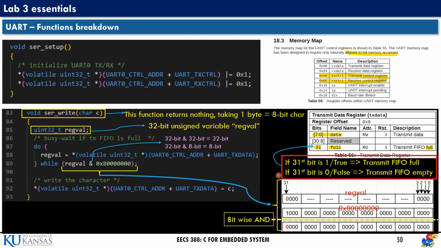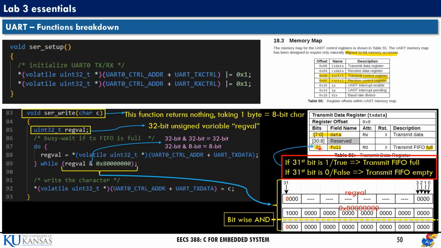Before going into the details, I just want to let you know how we can read the data, I mean, how we can understand what data we need for that operation. For example, for our TXDATA register, the 31st bit is a special bit that tells us if the FIFO is full or not. FIFO means first in, first out, and it basically tells us if there is any data to transmit.